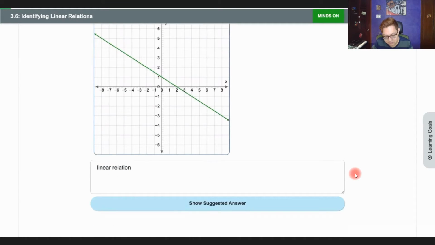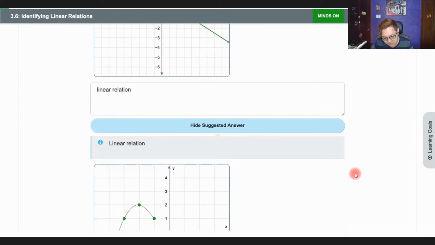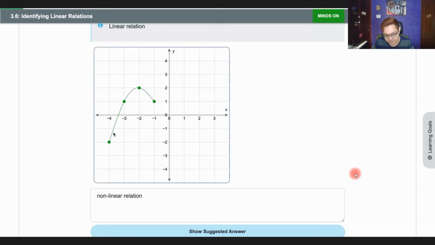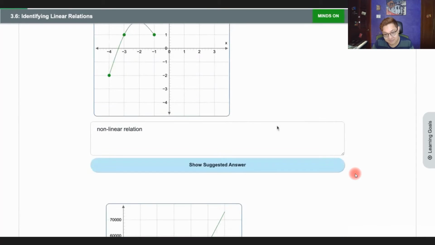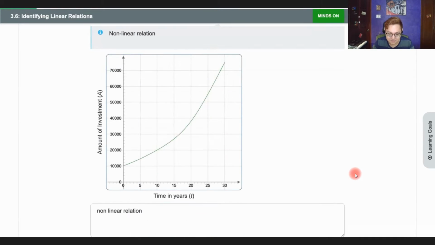So this is a linear relation. Because, no, this is a non-linear relation because it's all bending and scattered. So yes, it's a non-linear relation.